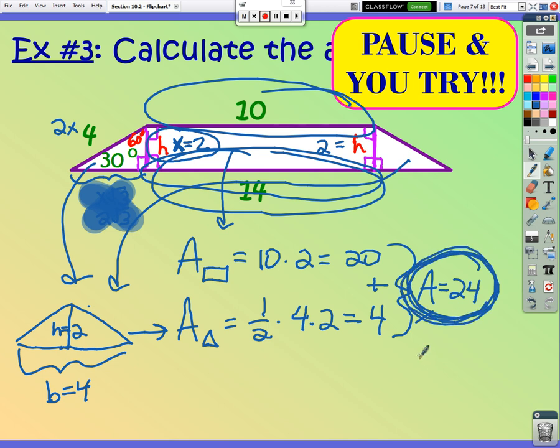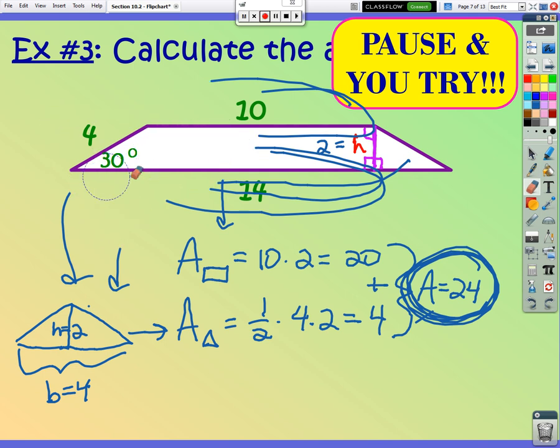Now I will backtrack to the triangle because I said we could also do this with trig. So let me just show you real quick the trig setup. If I wanted to use the 30-degree angle, the h over here is the opposite side. The 4 is the hypotenuse. So opposite over hypotenuse, this would be a sine setup problem.